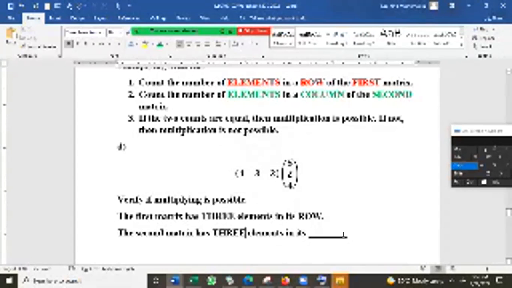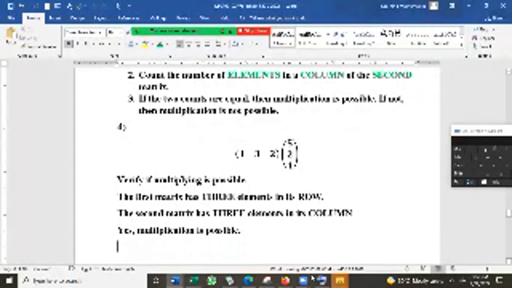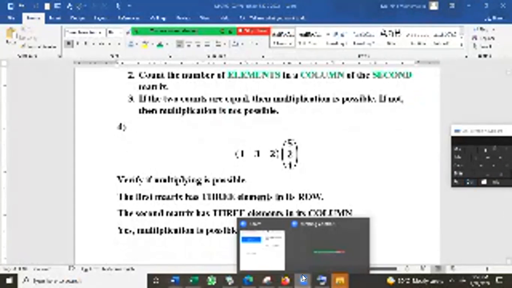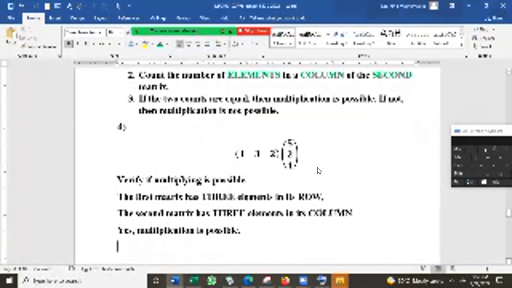The column is vertical. Very good. So since these two counts are equal, yes, multiplication is possible.